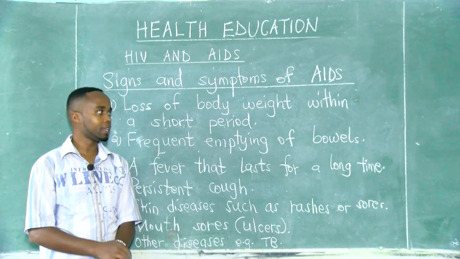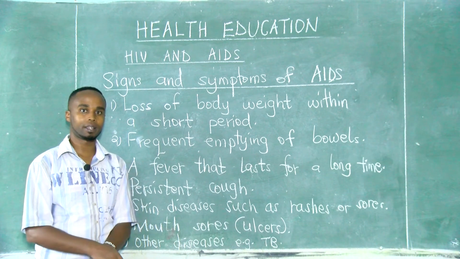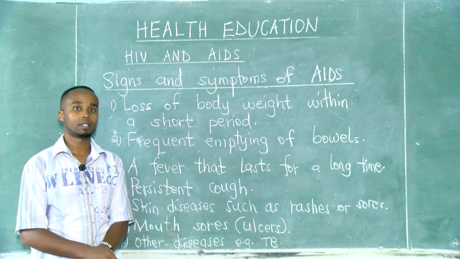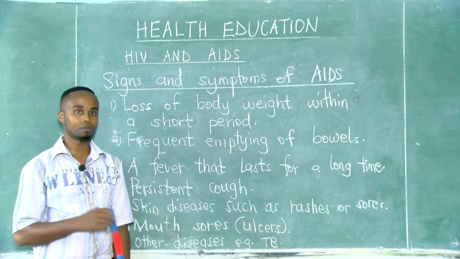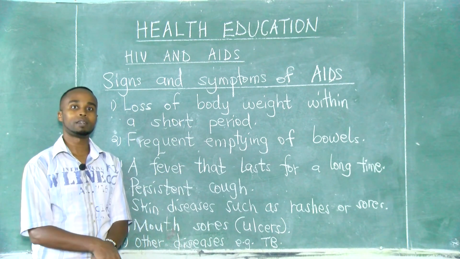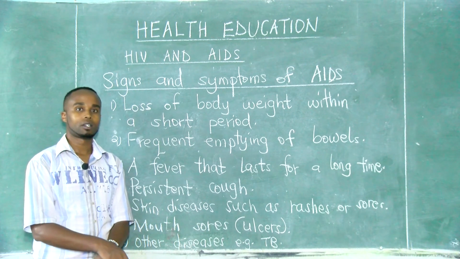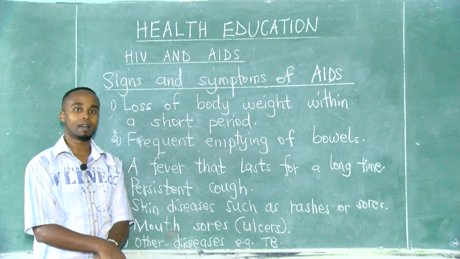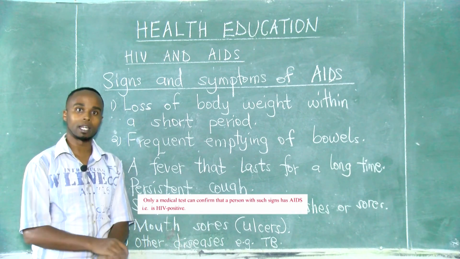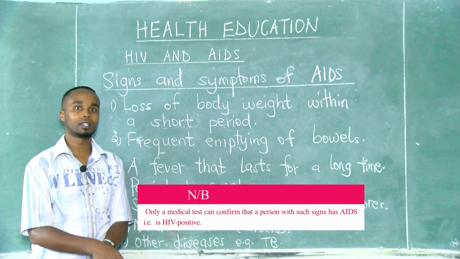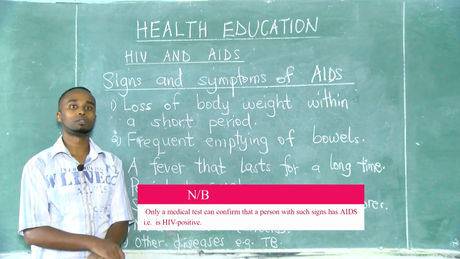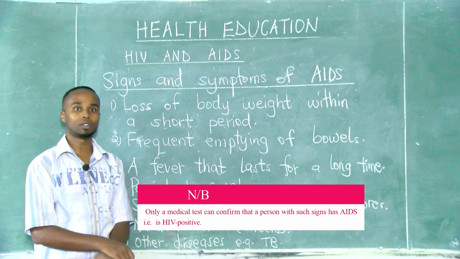So after looking at that, there's a caution that I gave earlier. I said that a person who has this or some of these signs and symptoms can only be confirmed to be having AIDS by a medical expert. So your eyes should not be very judgmental.